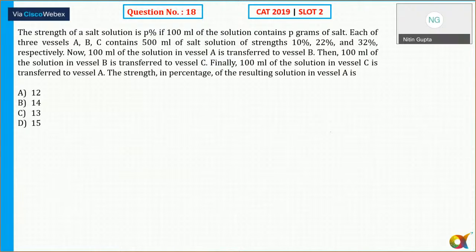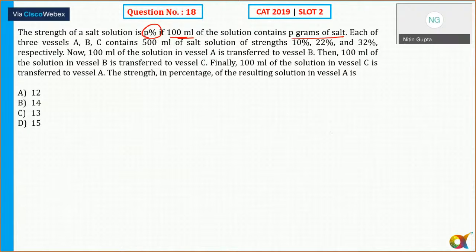Okay, guys. So let's see. This is question number 18. So let's move to question number 18 now. It says the strength of a salt solution is p%, if 100 ml of solution contains p gram of the salt.